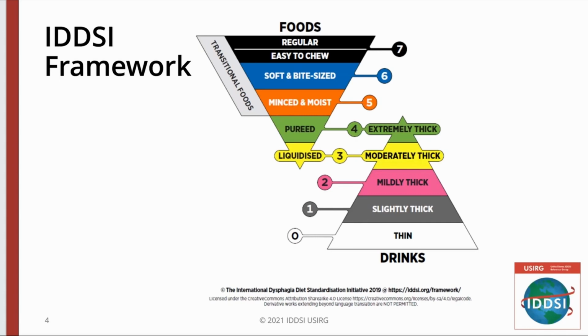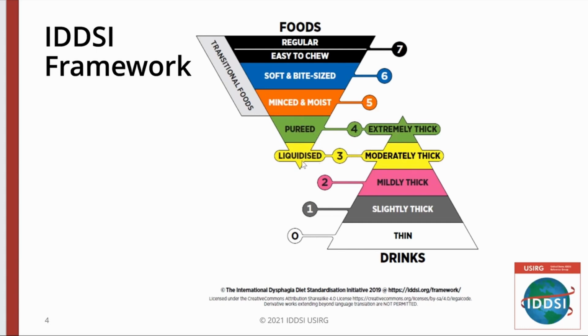Let's review each level first. Level 7, regular, which is black. Level 7, also easy to chew, which is black. Level 6, soft and bite-sized in blue. Level 5, minced and moist in orange. Level 4, pureed or extremely thick in green.